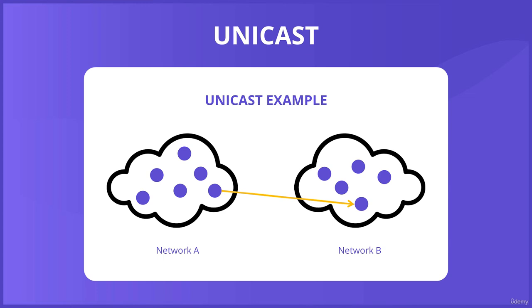So the unicast packet has a destination IP address, which is the unicast address of a single receiver. Since the packet is generated from only one source, the source IP address can only be a unicast address. And this, by the way, applies regardless of whether the destination IP address is unicast, broadcast, or multicast.